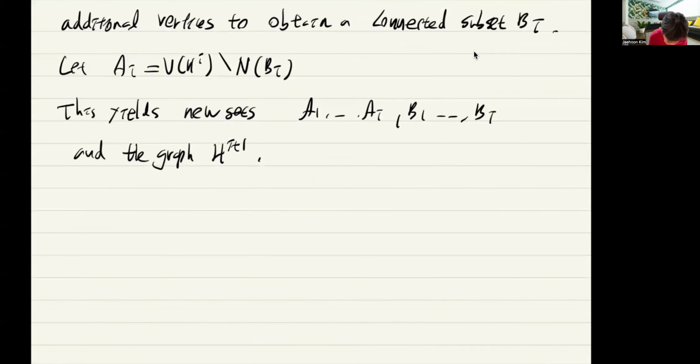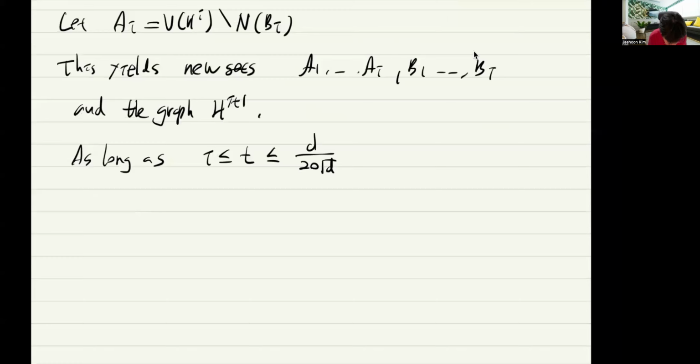But as long as i is at most t, and then t is at most what? d divided by 20 square root of d. We know that the size of the union of all D_j is what?